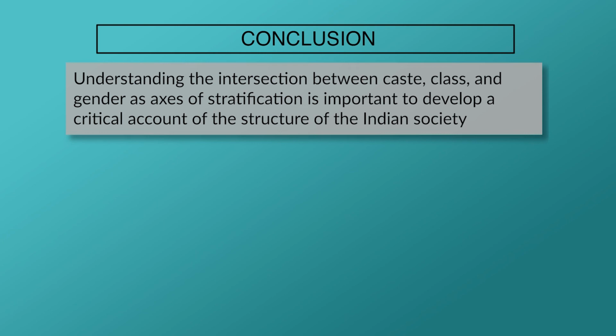Let me come to the conclusion of this particular module, where we will recount some of the main points that we dealt with. In this module, we have seen how caste, class and gender act as axes of social stratification in order to develop a critical understanding of the structure of Indian society.